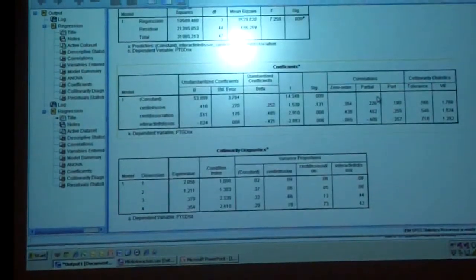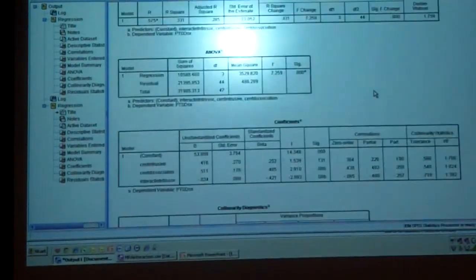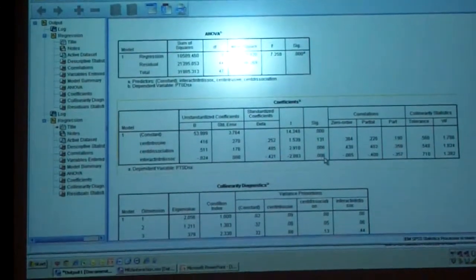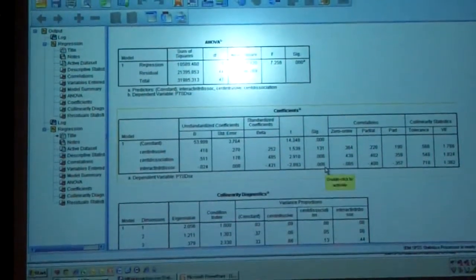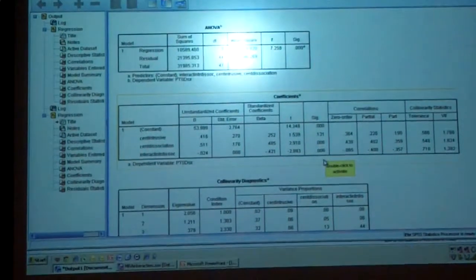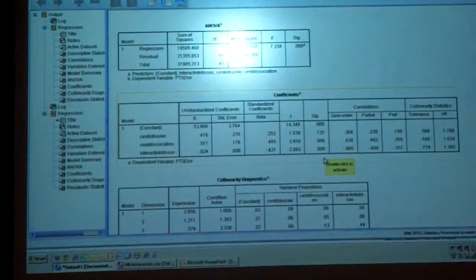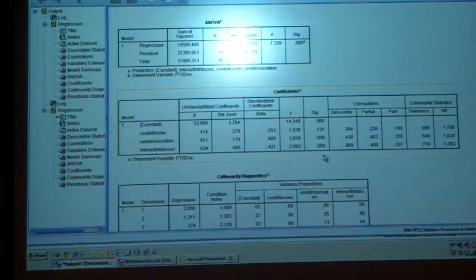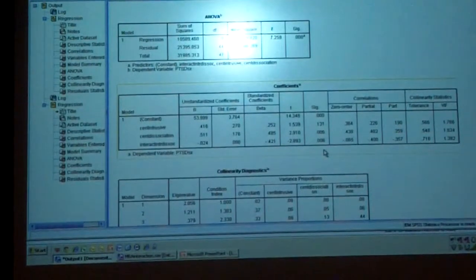Now we look, as Connie was saying, it's important now to look especially for significance of the interaction term, and we get a really nice interaction significance, 0.006, which means that somehow or other, we don't know yet how, the combination of intrusive thoughts and dissociation right after the trauma, when considered together, gives us much more, or we're very sure that they predict PTSD symptoms.